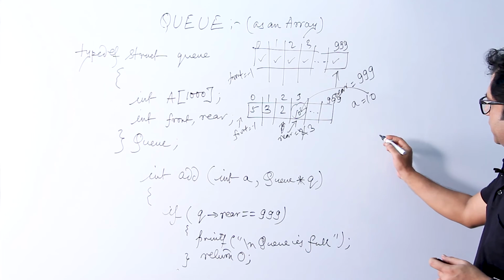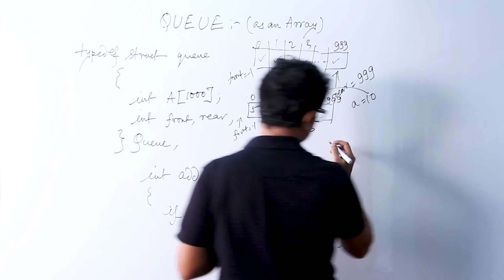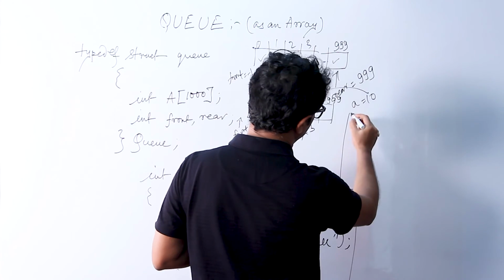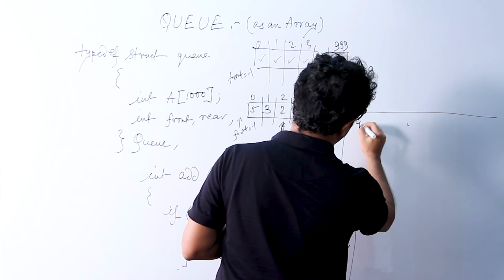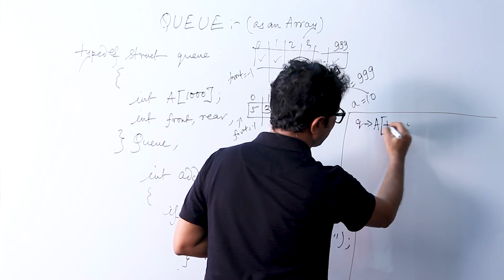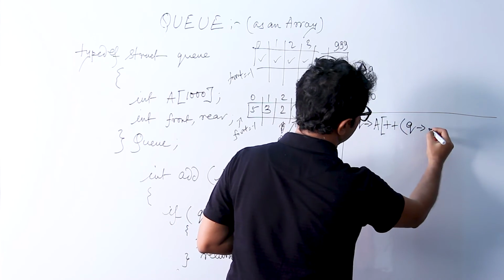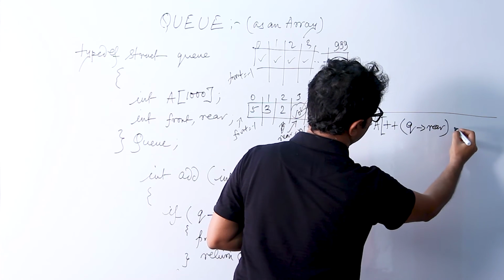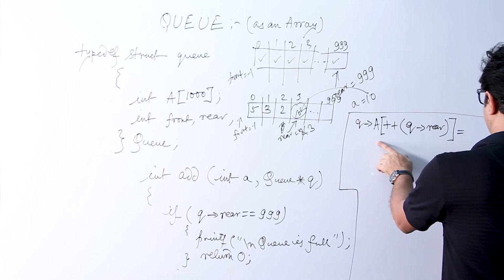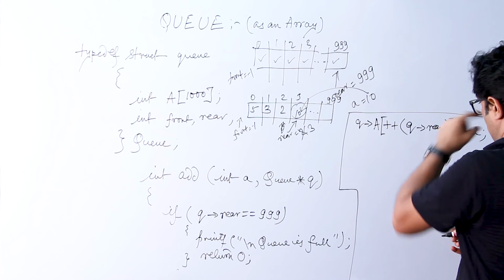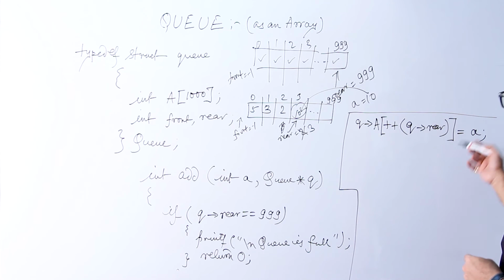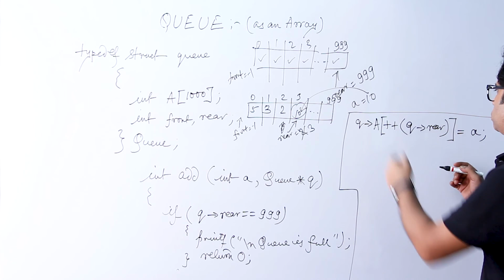So let me write the insertion code. We'll write like this: Q, A, plus plus Q rear, closing third bracket, and then we will insert A. So this is the operation which we are going to perform while adding the element from the rear end to the queue.